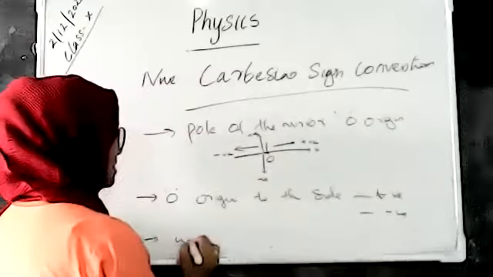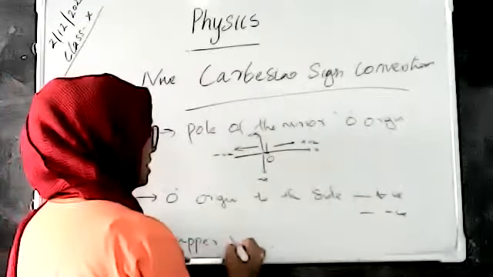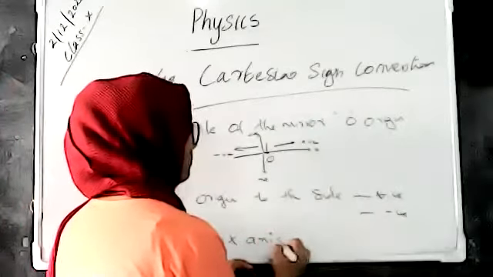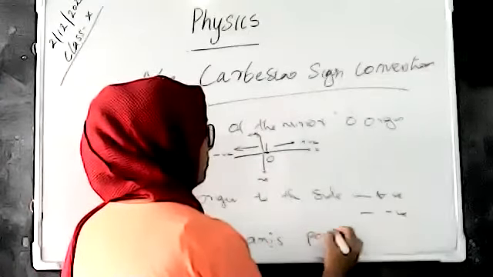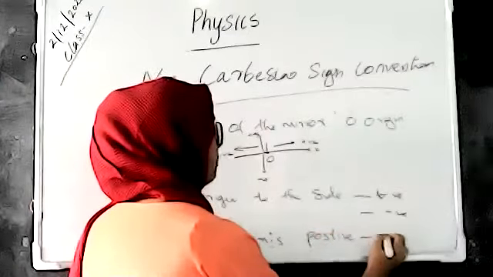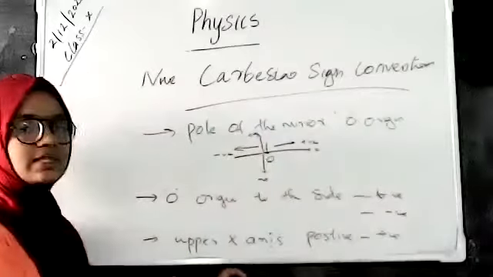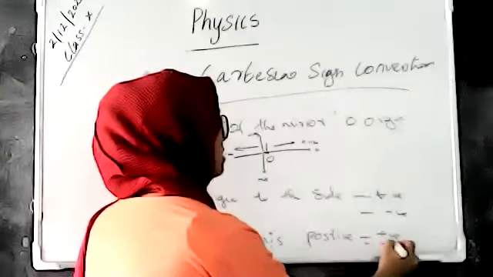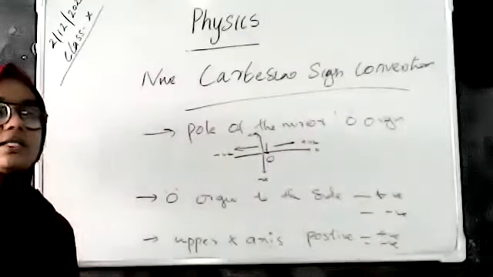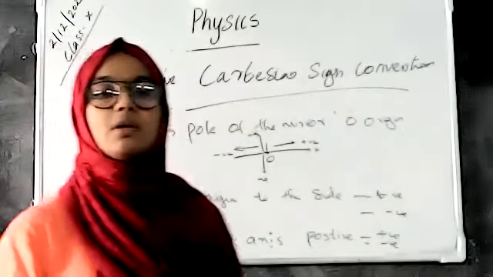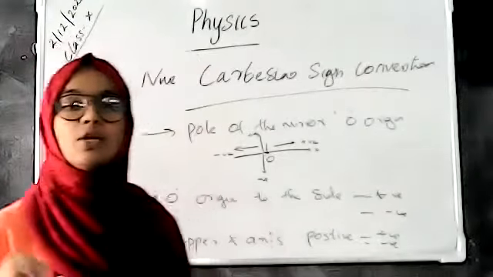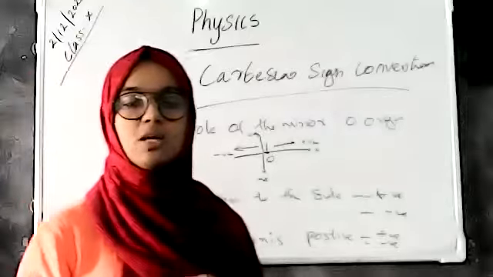And the upper side of the x-axis is taken as positive, and the lower side of the x-axis is taken as negative. So, this is the way of using the signs in the New Cartesian sign convention.